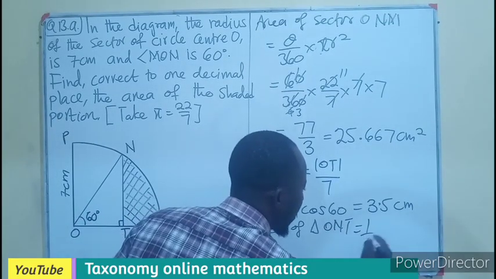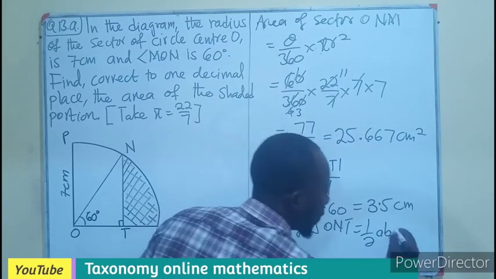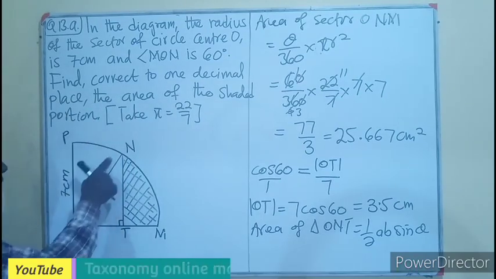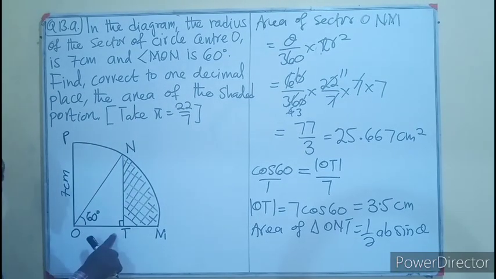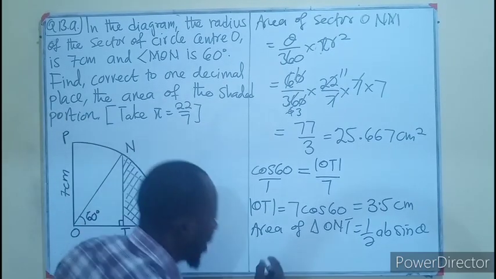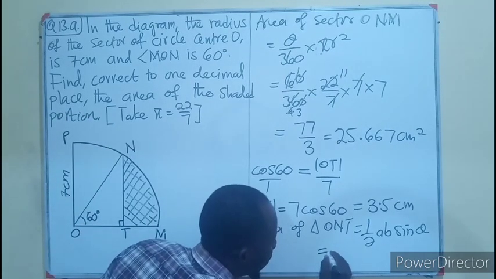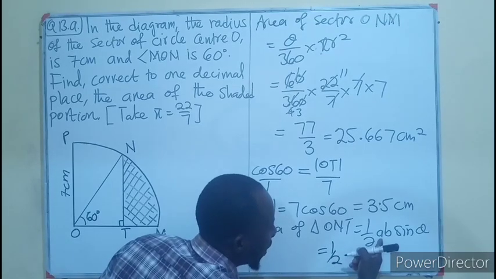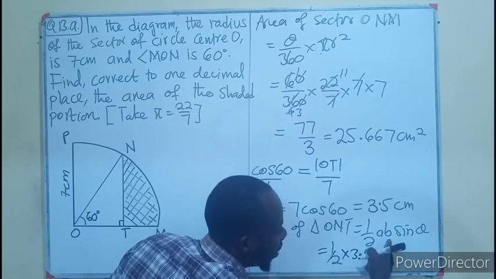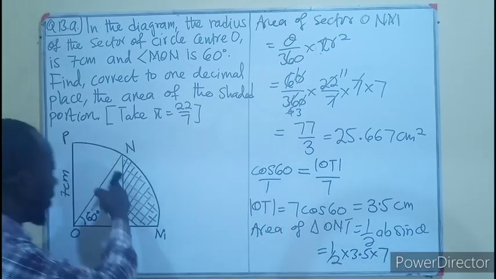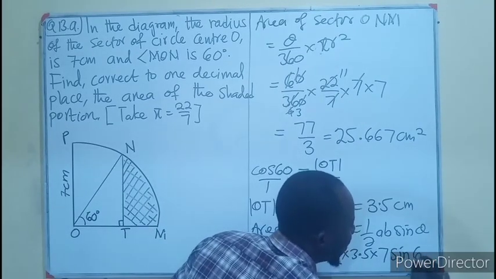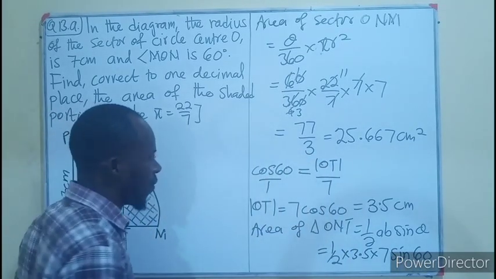So that formula says the area of triangle ONT is half AB sine theta. A is one of the sides, B is the other side, and theta is the angle inclined by the two sides. By substitution, we are going to have 1 over 2, A could be 3.5, B could be 7, which is this dimension, then sine 60, being the angle from there.